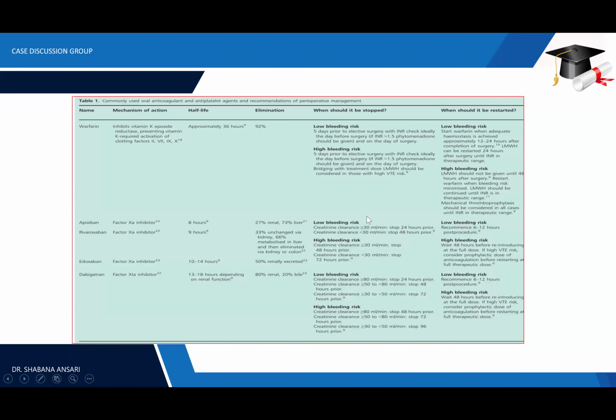But if there is low bleeding risk, usually pre-op bridging thromboprophylaxis is not given. But if there is a high bleeding risk, then if we stop it, suppose 72 hours before the surgery, of course we have to liaise with the hematologist and see whether any bridging thromboprophylaxis should be given or not.